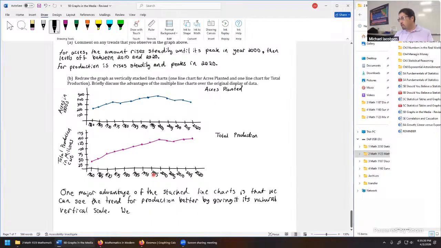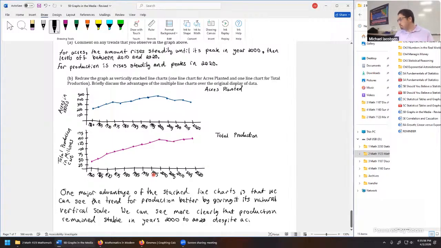We can say here, we can see more clearly that production remained stable in years 2000 to 2020, despite acres planted falling, going down pretty steadily year after year.